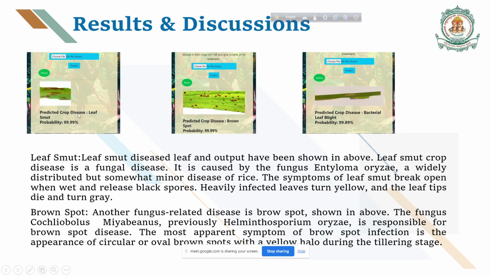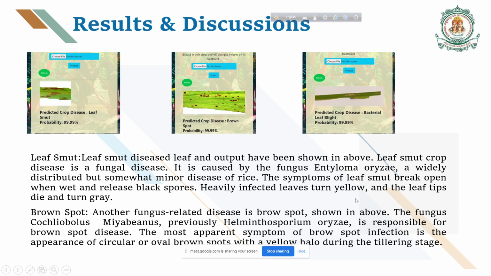For each and every disease, we have tried to detect using images. After collecting the images, enhancing them, and detecting, we have tried to measure what kind of accuracy we are getting, and whether it properly detects the disease or not.